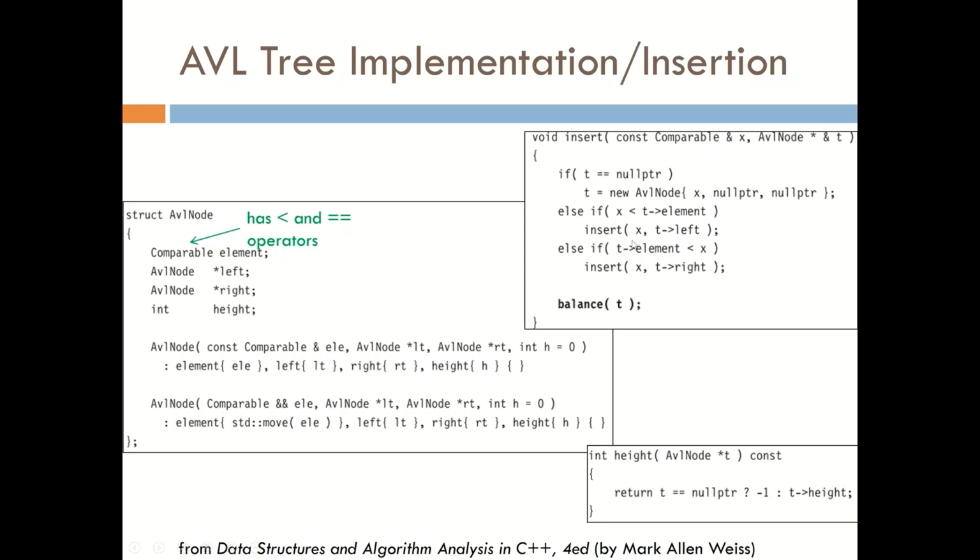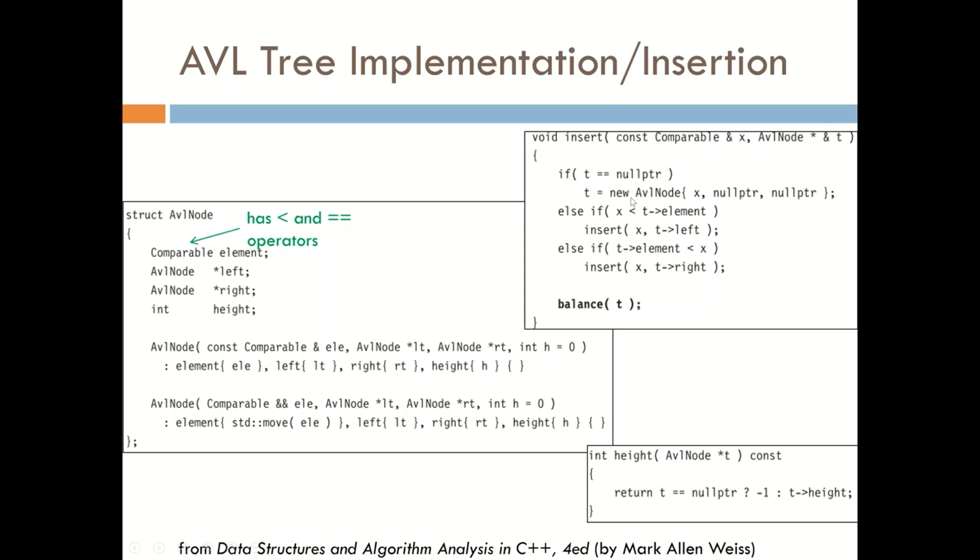It calls itself with the pointer to the left subtree if the comparable is less than the element at this particular node. So we're at node T and we're comparing this particular value. And so if X is less than what's in the node's element data member, i.e. right here, then it's going to call insert with the left subtree. Otherwise, it will call it with the right subtree.